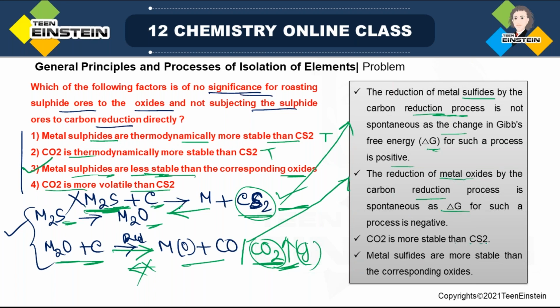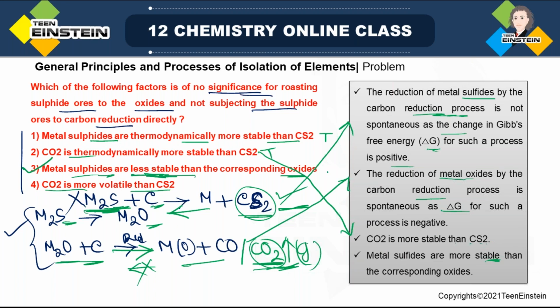Then CO2 is more stable than CS2, which relates to the second statement. So this is also correct, and metal sulfides are more stable, but here it is mentioned that they are less stable.